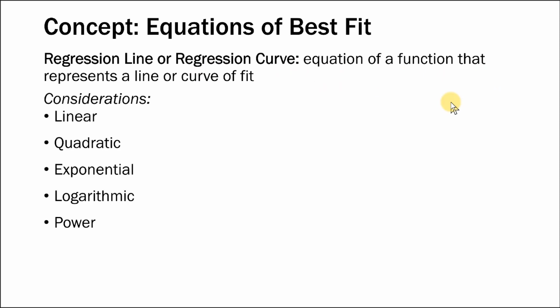You can have all sorts of forms with our regression curves. We can have a linear line, that'd be a regression line. We can have a quadratic curve, an exponential curve, a logarithmic curve, or a power curve. So if I have a data set here in blue, and this would be our line of best fit for this data set, this would be a regression line.